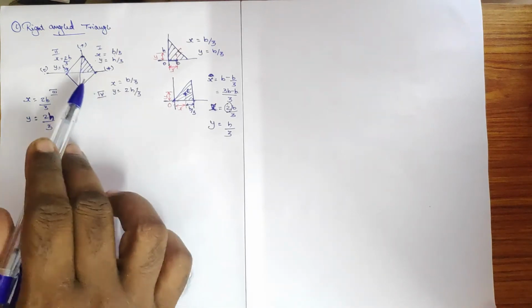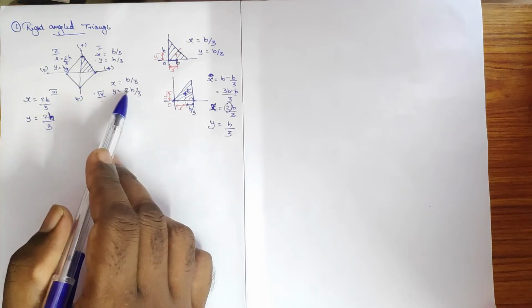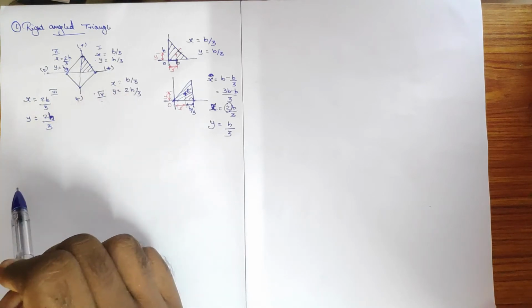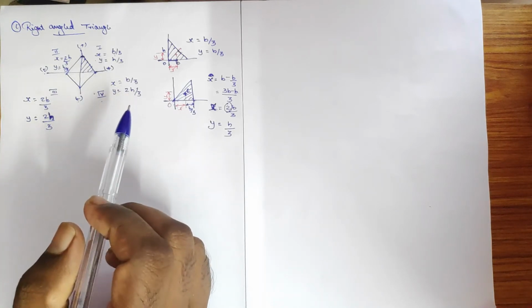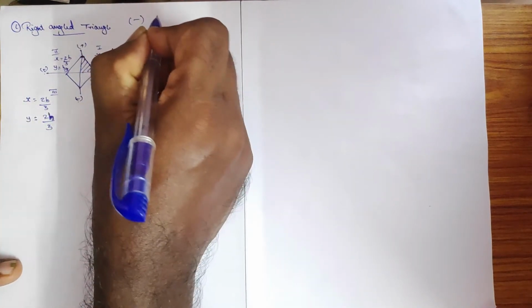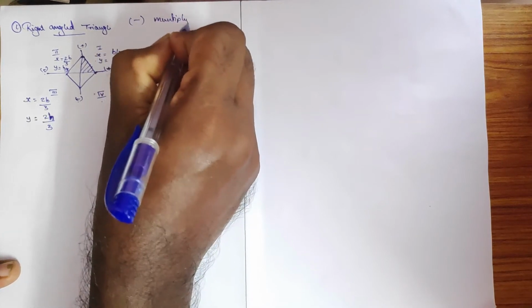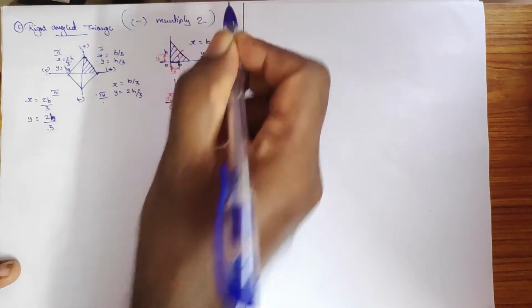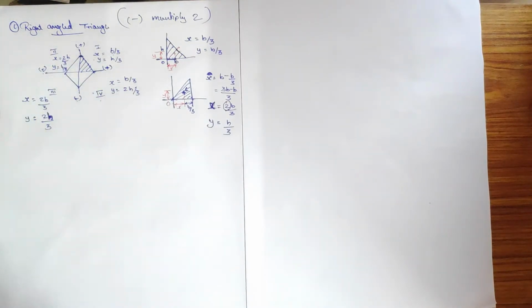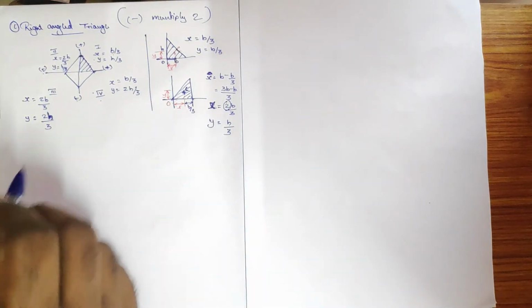And in the fourth quadrant, minus is for y, so there alone 2 into h by 3. So remember, whenever you come across a negative sign, just multiply by 2, that will do. If you put it in the quadrant, you can easily take the formula. Okay, fine.